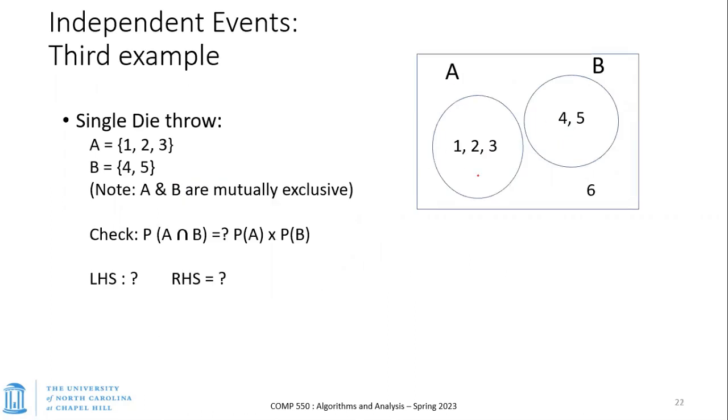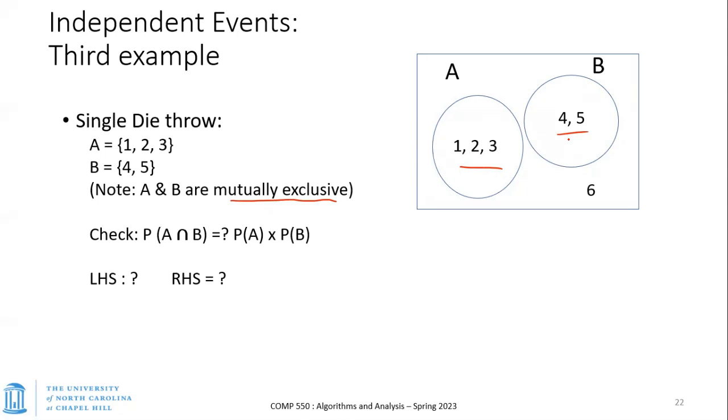So here A is defined as 1, 2, 3, and B is 4 and 5. In other words, clearly they're mutually exclusive. So should mutually exclusive events be independent? No. Clearly the fact that one of the events has happened implies that now 1, 2, 3 has happened, so B couldn't have happened because they're mutually exclusive.